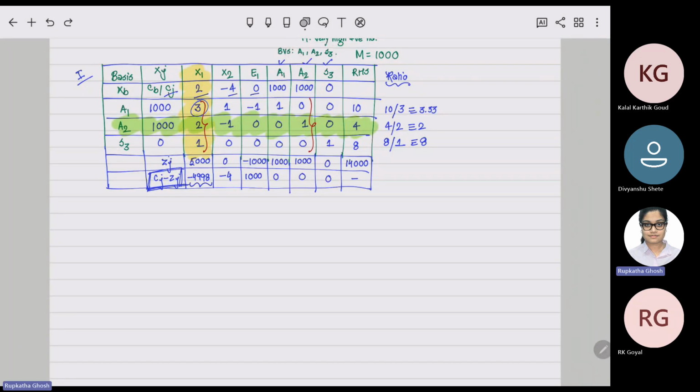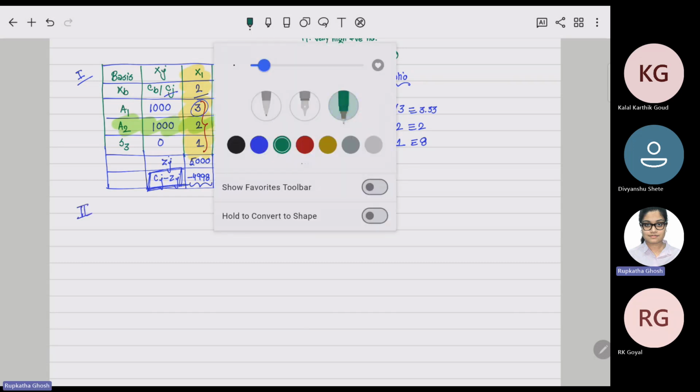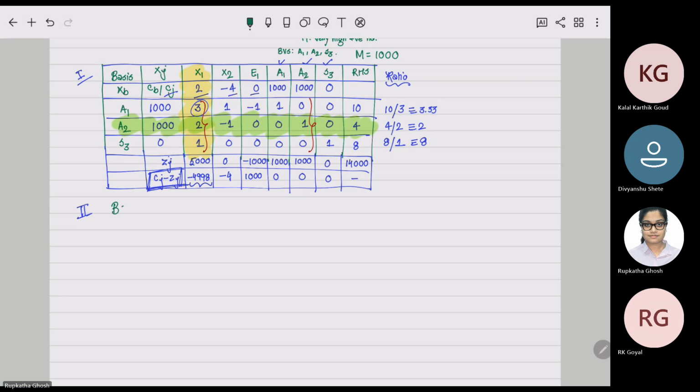In order for these pivot operations to take place, what is the first thing that you will do? This is my second iteration. Now in the basis, I will have A1, X1, S3.